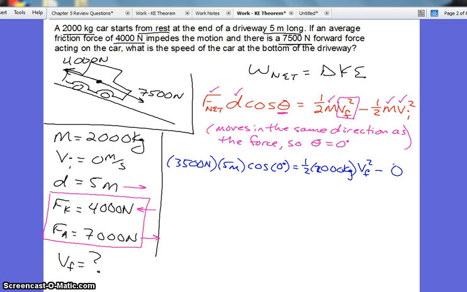Because the initial speed is 0, 1/2 m times 0 squared is also 0. Now we solve for our answer, and the final speed comes out to be 4.18 meters per second.